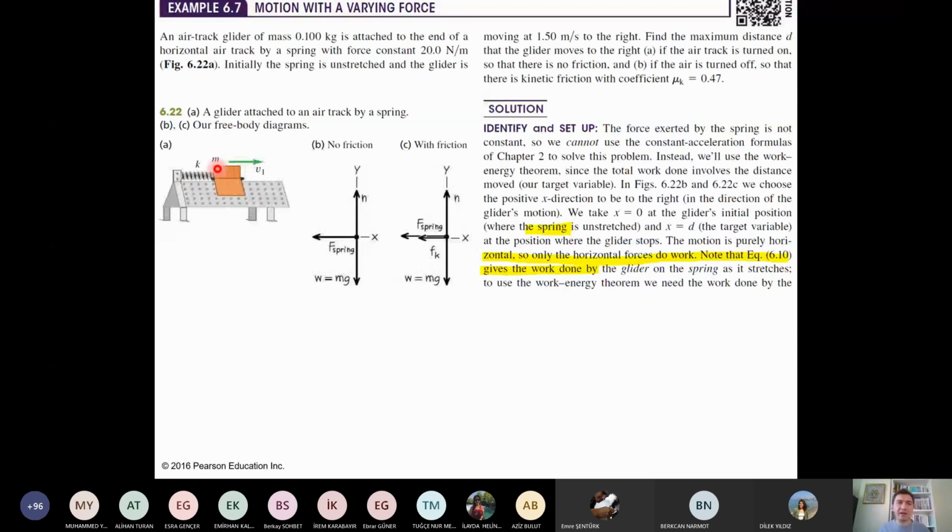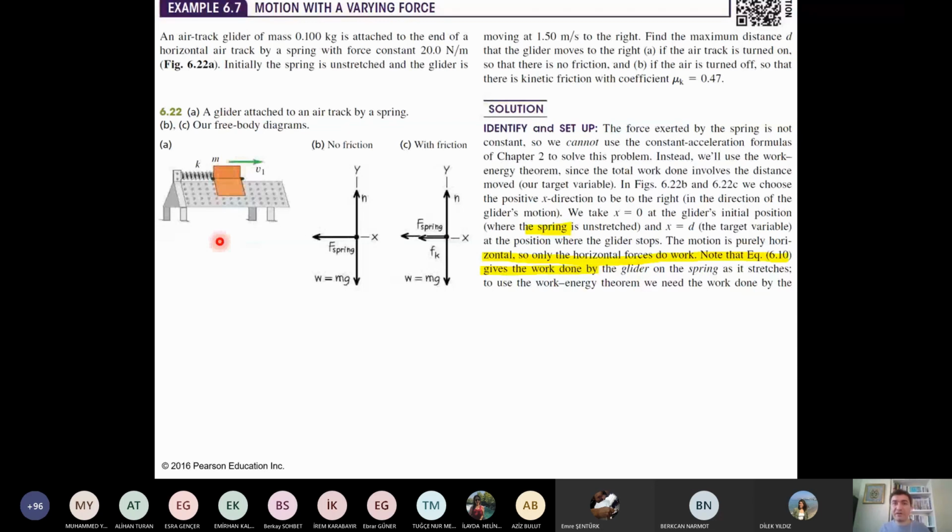An air track glider of mass 0.1 kilogram is attached to the end of a horizontal air track by a spring with force constant 20 Newton per meter. Initially, the spring is unstretched and the glider is moving at, look at the information here. Initially, the spring is unstretched. Then you can consider that it is at 0 position. X is equal to 0, unstretched.